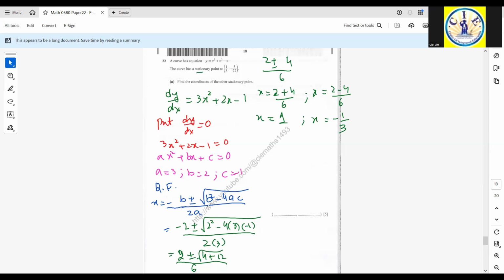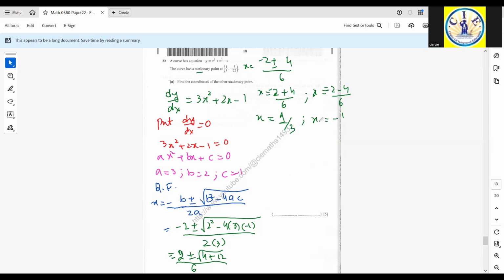Here was a negative sign. So this is -2 plus 4, that is +2 by 6, that is 1 by 3. And then -6 by 6, that is -1. Okay, these are the two values of x.